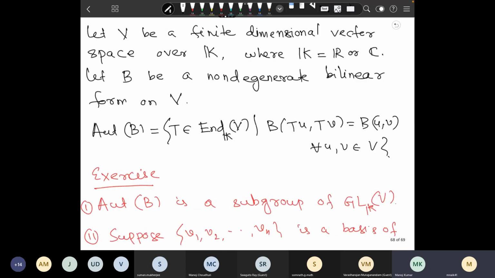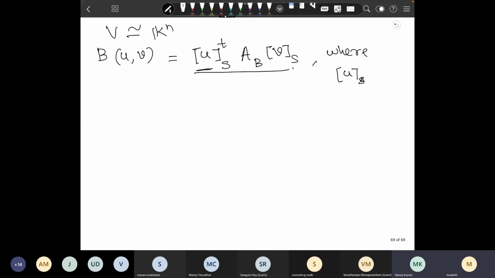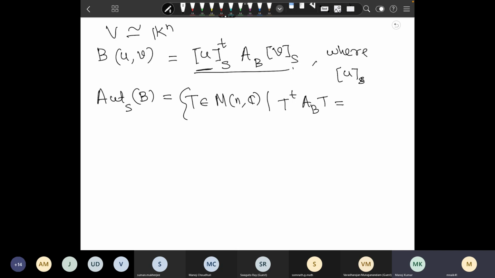Okay, and another thing: since I have fixed a basis, I can look at this group, the automorphism group of B, inside some group of M_n(K). If T belongs to Aut(B), you can check that this is nothing but T transpose A_B T equal to A_B. This matrix representation depends upon the basis S, so I am writing this as Aut_S(B).